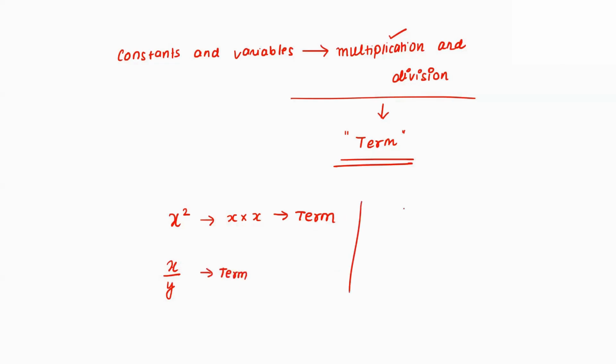But is x plus y a term? No. It is not a term. It is an expression. An expression can involve addition, subtraction, multiplication and division. So x square is a term as well as an expression, because it is an expression having one term only.